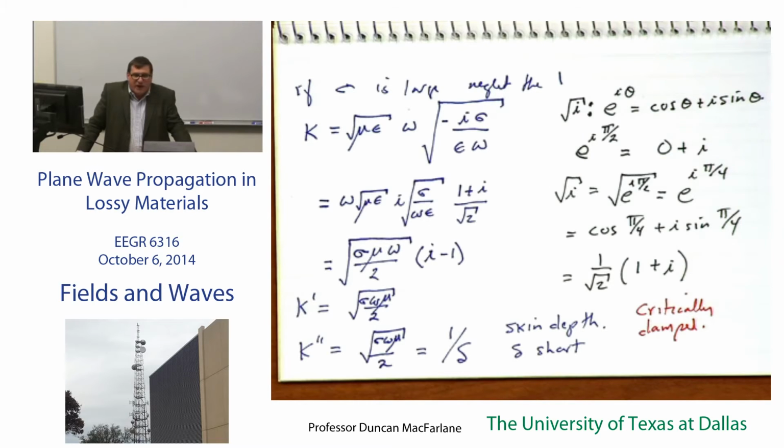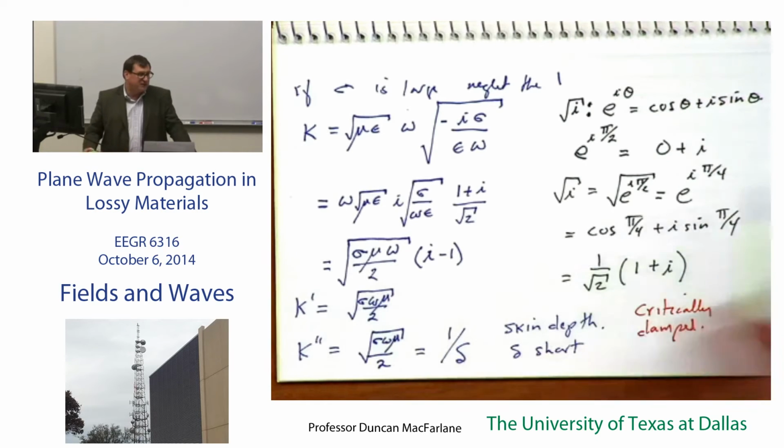We actually call it an evanescent wave. When I have this quickly damped exponential that dominates the behavior much more than the oscillation, then it's a non-propagating evanescent wave.